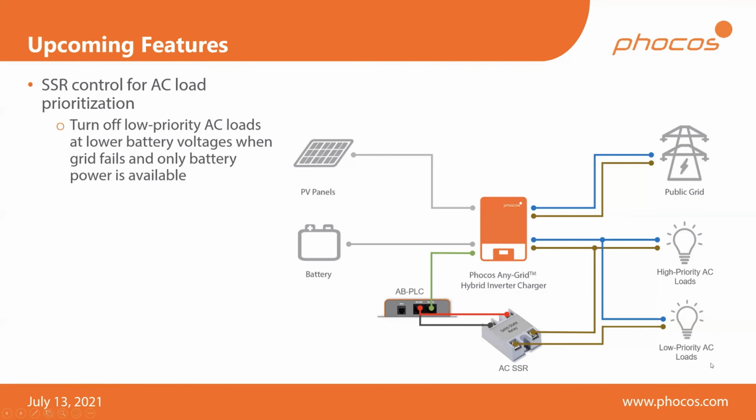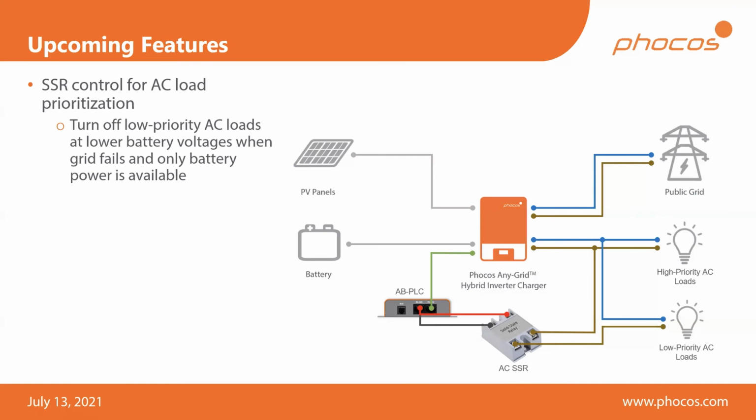So this might be like an air conditioning. This might be the TV, just all those non-essentials. And a high priority load might be my emergency lighting. It might be my refrigerator, for example, to make sure my food doesn't go bad. All of the things that have a higher priority. And this way you can use the AB-PLC to trigger the solid state relay to switch off the low priority loads as your battery depletes.